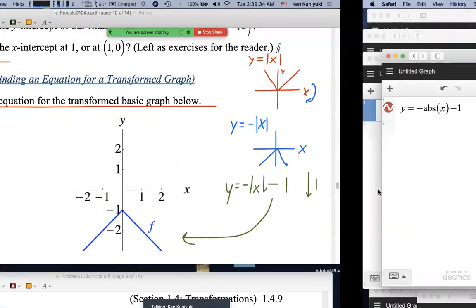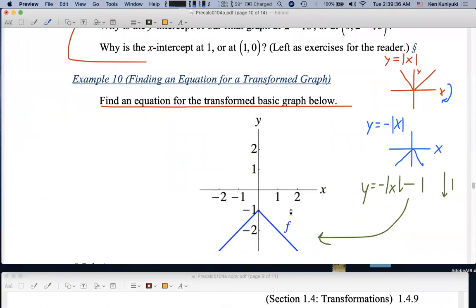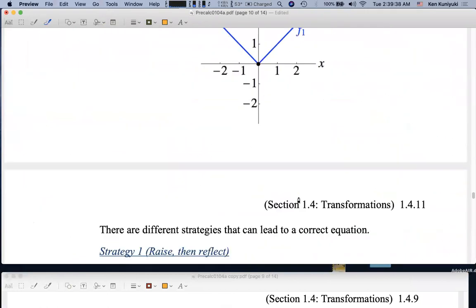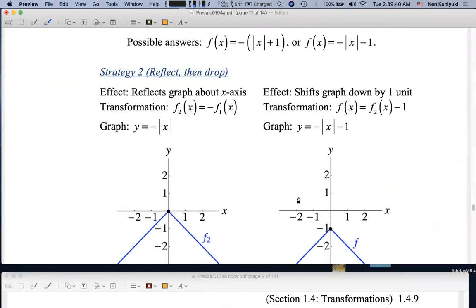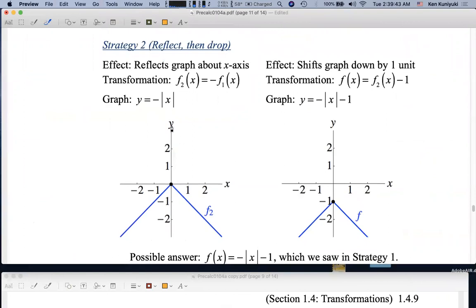All right, so that's one way of doing it. A quick recap. Strategy 2, reflect, then drop. We go to y equals the opposite of absolute x, and we have y equals the opposite of absolute x -1. So that's one equation we can use for this graph.